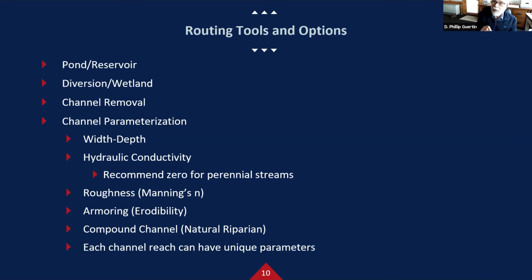We haven't done that very much, but occasionally with urbanization they will remove channels, and so we have to represent that. And then, as I brought up earlier, every channel reach can have its own set of parameters. So we can modify the width, the depth, the hydraulic conductivity, the roughness term, the armoring, the compound channel. And so we can represent different management actions that are being done to the channel.